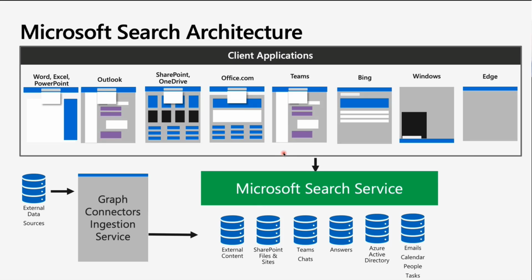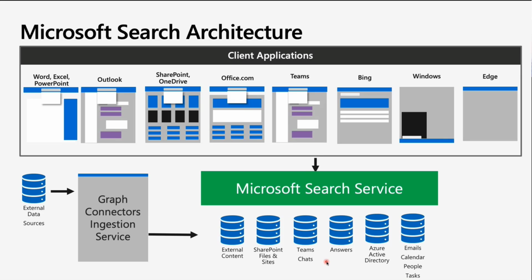Ignore the top first half of it, because that's what I spoke about earlier, and focus on the second half of the slide, which essentially talks about all the different type of content that a user is able to search for. Now, typically, what Microsoft Search used to support was the fact that because SharePoint, Teams chat, Outlook is something which is native to Microsoft, all of this content was easily searchable.